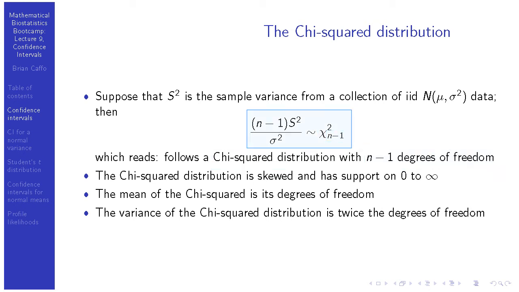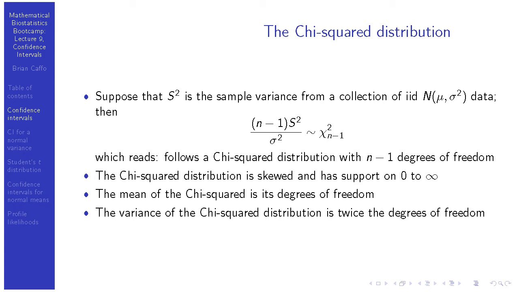So this statement is read: the normalized sample variance follows a chi-squared distribution with n-1 degrees of freedom.